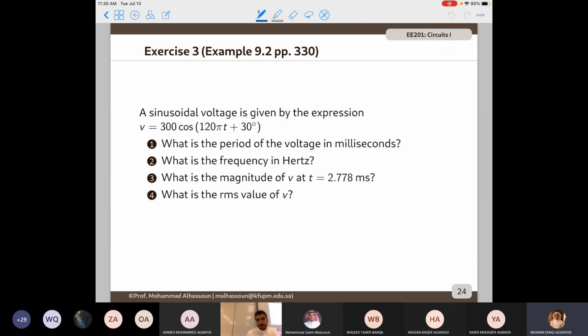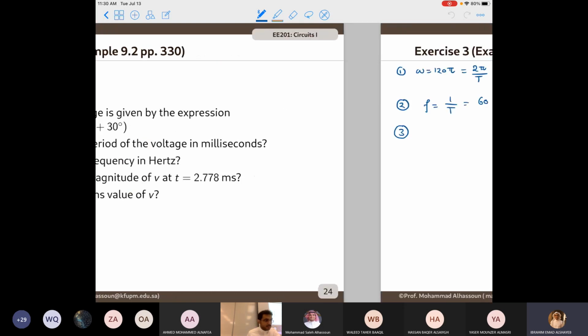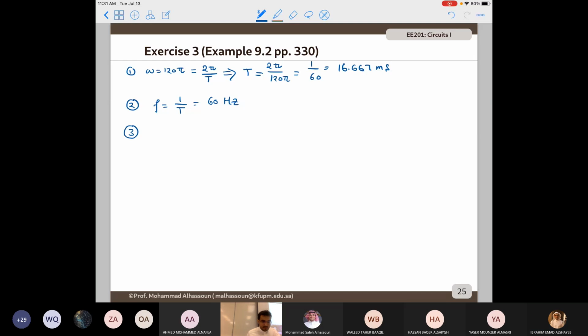We need to substitute the time, but we first should change the value of phi. Yes, exactly. It's in degrees. So 30 degrees is equivalent to pi divided by 180 times 30, and this is going to give me pi over 6.